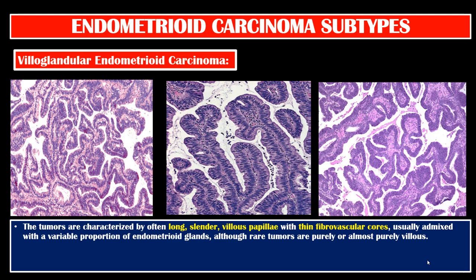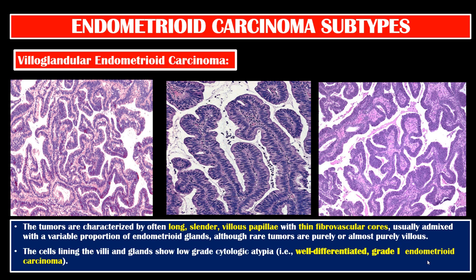The tumors are characterized by often long, slender villous papillae with thin fibrovascular cores, usually admixed with a variable proportion of endometrioid glands, although rare tumors are purely or almost purely villous.